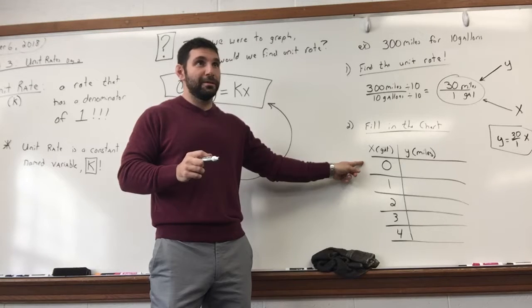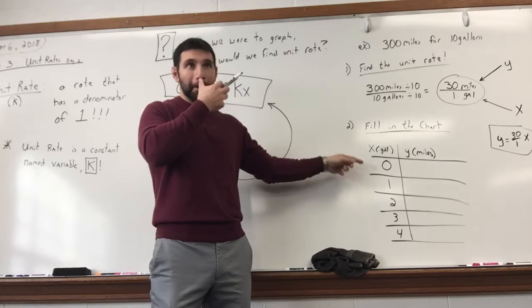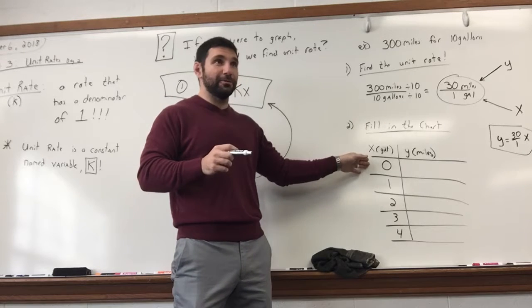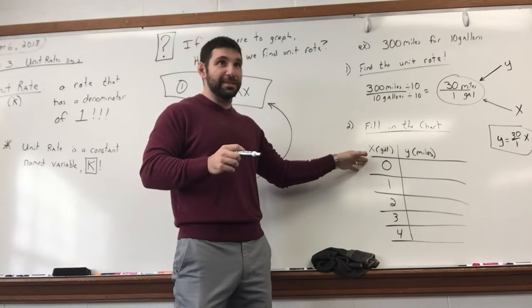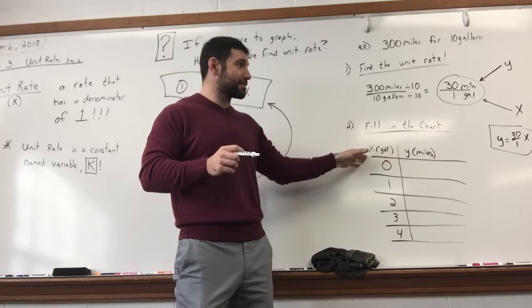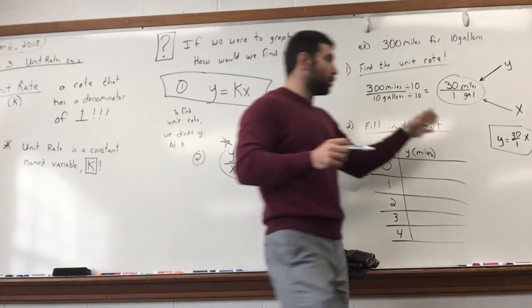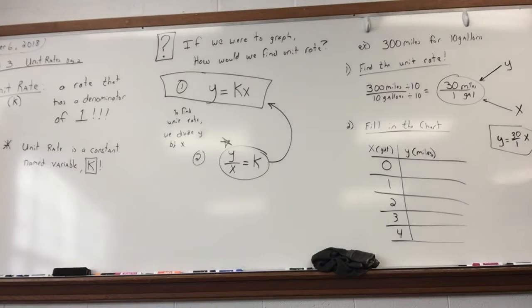Not quite K. If I'm telling you this is my x value, so 0 equals x. 0 is my x. Which one of these letters is 0 going to go in for? X. 0 is x, so it goes in for x.